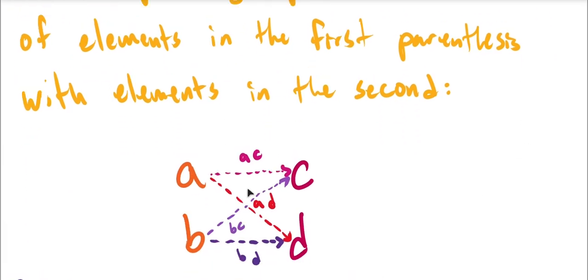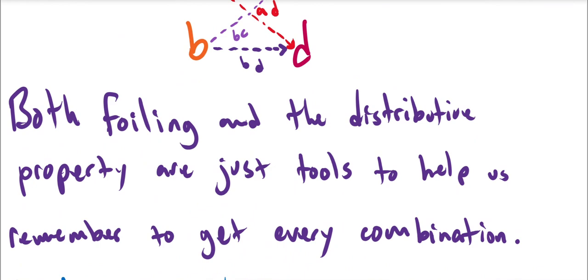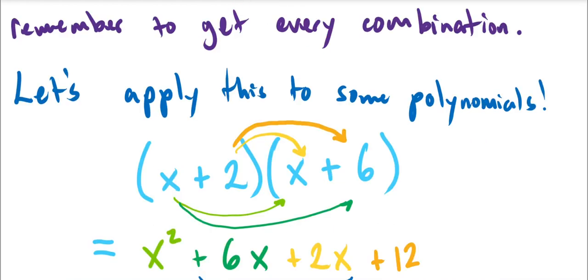Elements in the first parentheses were a and b, and we paired up a with c and a with d, both elements of the second parentheses, and b with c and b with d. So we took each one from the first parentheses and paired it up with everything from the second parentheses. And so both foiling and the distributive property are just tools that help us remember to get every combination every time.